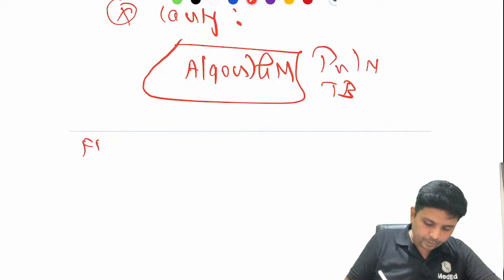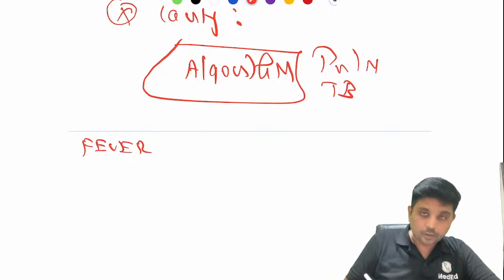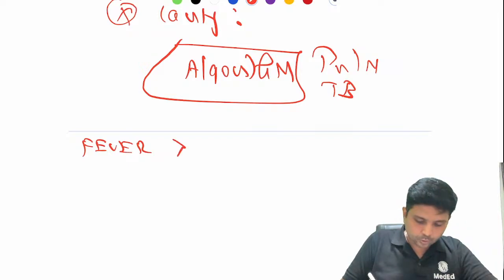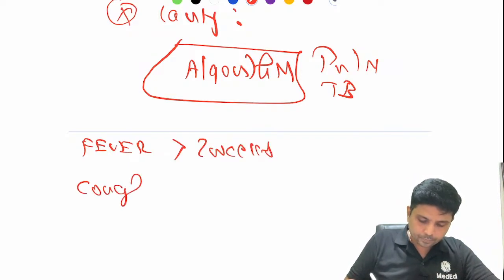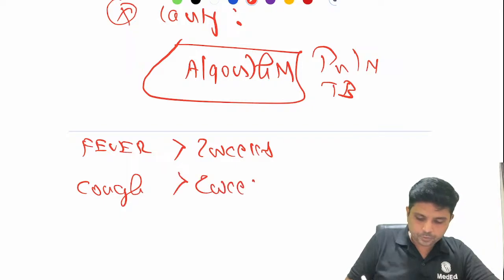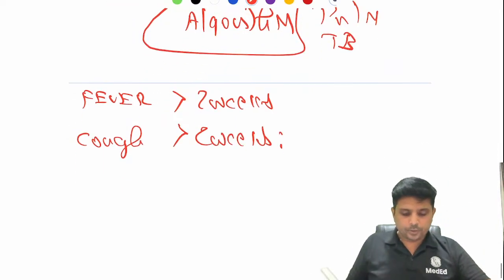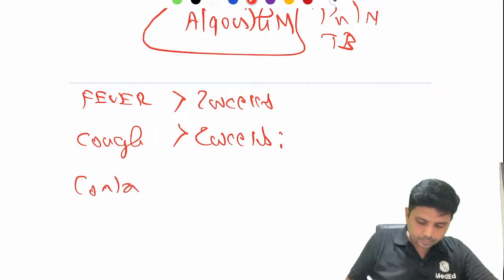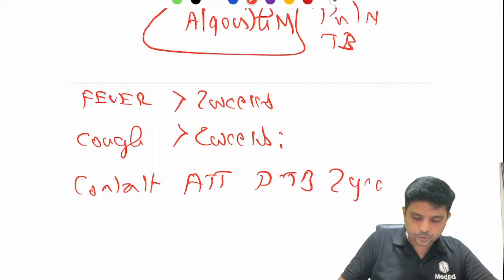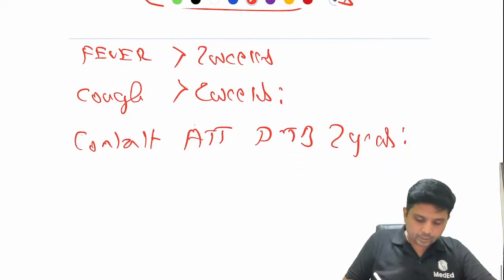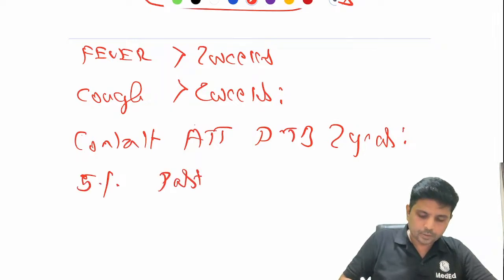When you have persistent fever more than 2 weeks, persistent cough more than 2 weeks, along with contact who took ATT TB tablet for pulmonary TB in the past 2 years, and weight loss of 5% in the past 3 months. This is the TB index.